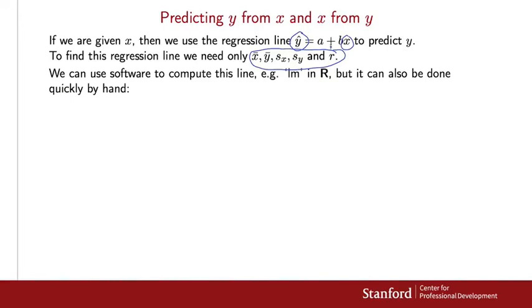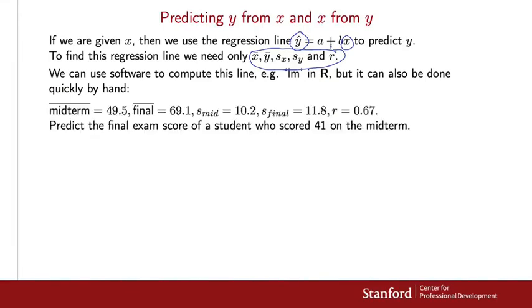Let's look at an example. Let's say the average midterm score was 49.5, the average final score was 69.1, the standard deviation on the midterm was 10.2, the standard deviation on the final 11.8, and the correlation coefficient R was 0.67. Now suppose somebody tells you a student scored 41 on the midterm, and you have to predict the final exam score of that student.